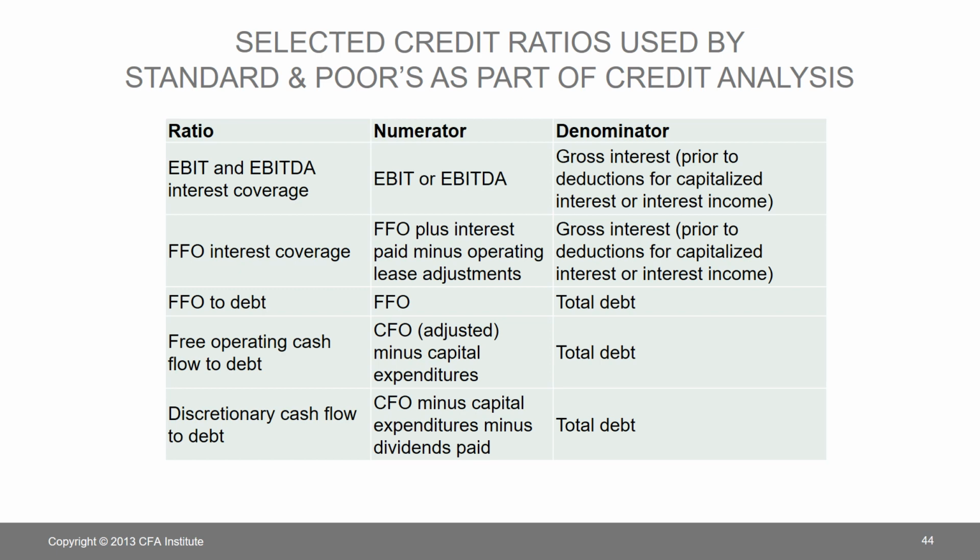Ratios are only one part of credit analysis, so this links back to what we've covered before, that ratios are just computations, and we need to always dig deeper behind the numbers and try to figure out the reasons for these numbers and interpret them.